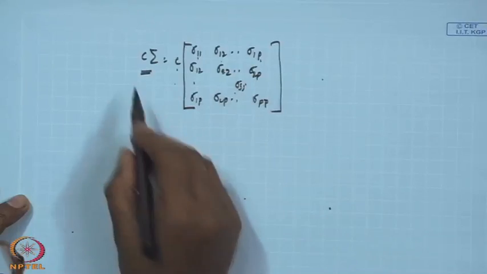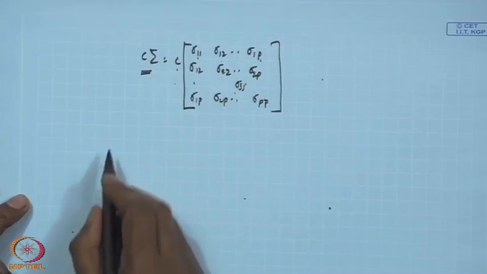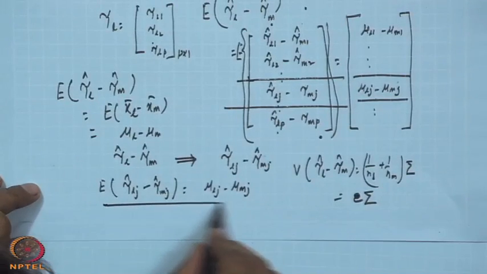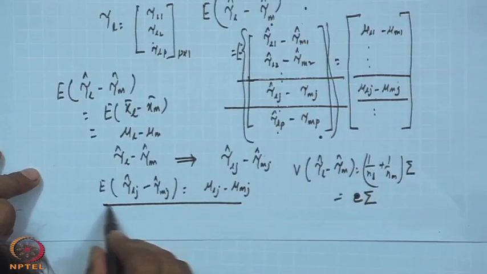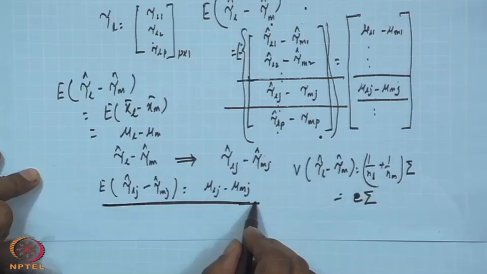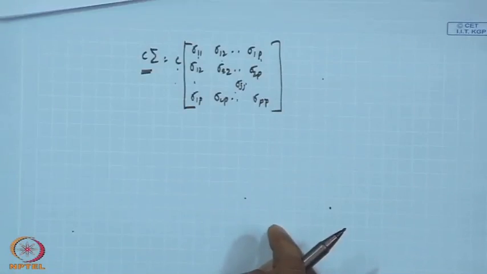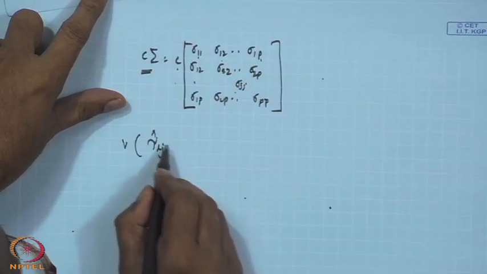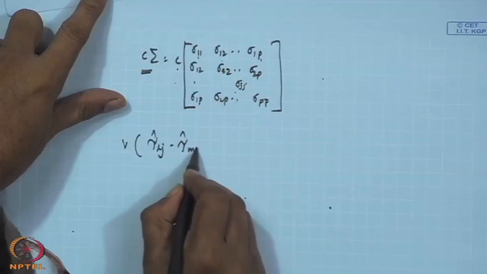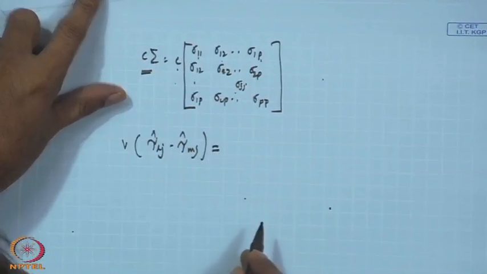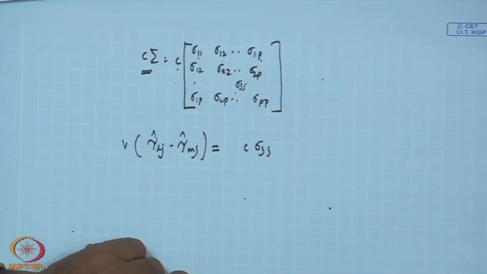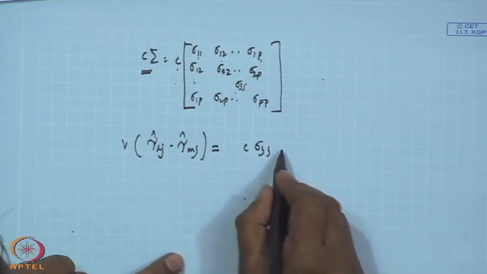So for this variable, tau Lj cap minus tau Mj cap, the mean is mu Lj minus mu Mj, and the variability will definitely be C sigma jj.